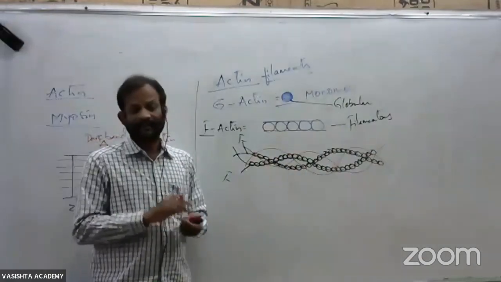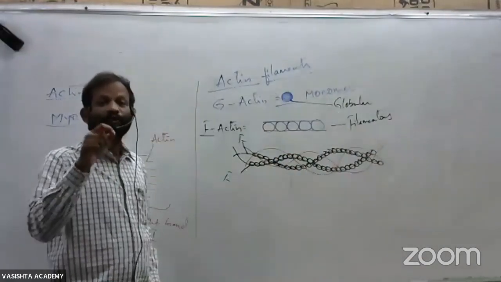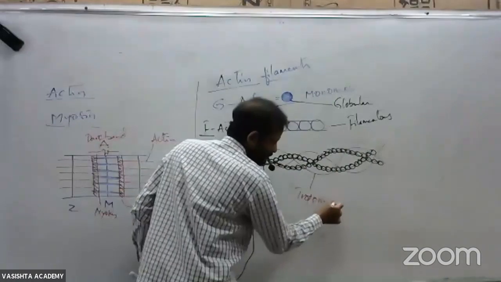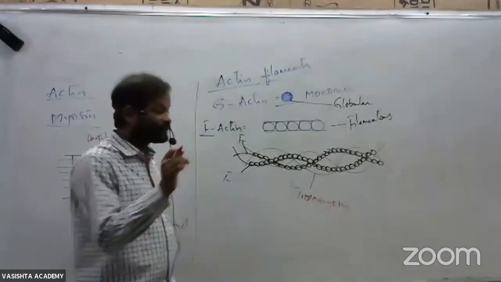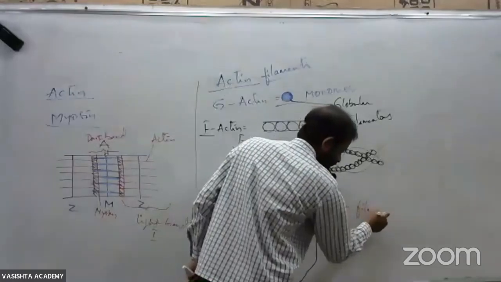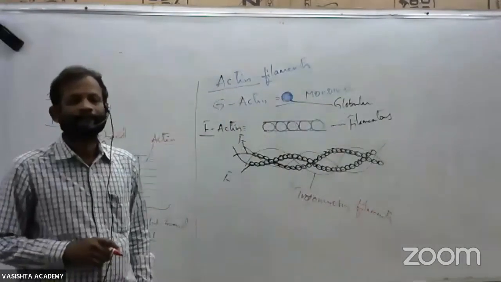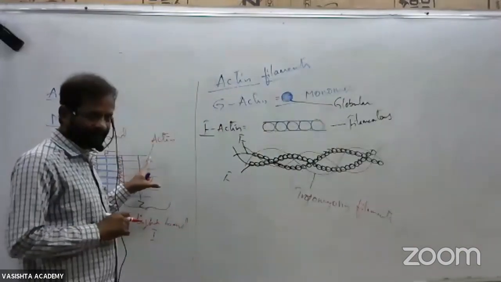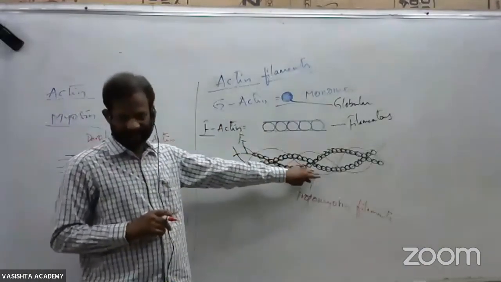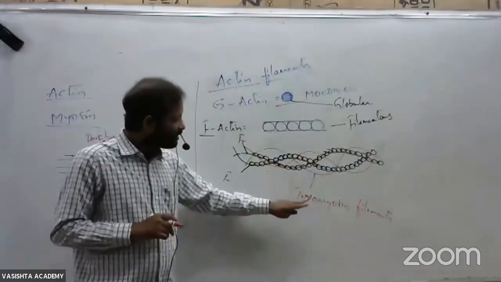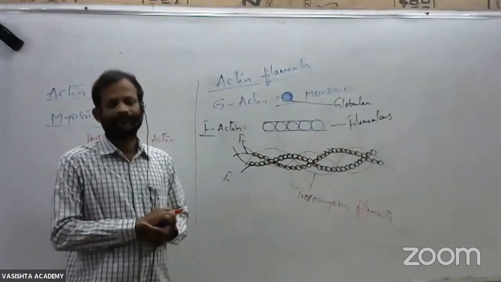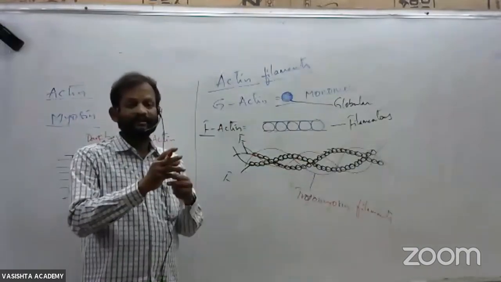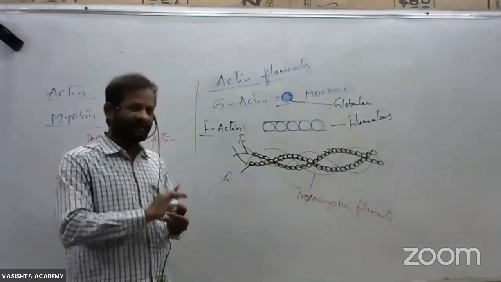Those filaments are called tropomyosin filaments. So totally, in one actin filament, 4 filaments are present. 2 are F-actins, 2 are tropomyosin filaments. You understood? All the 4 are coiled with each other, twisted with each other.